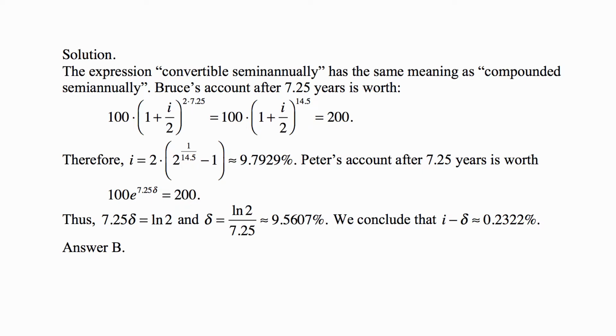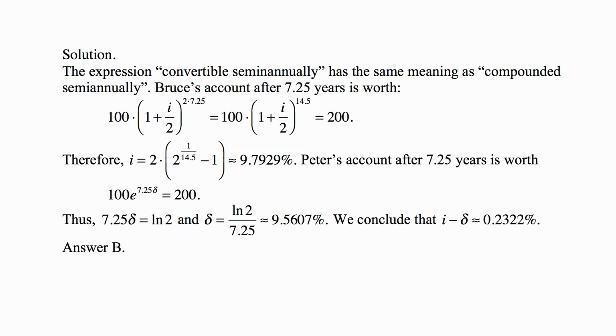Okay, then take both sides to the power 1 over 14.5. So the right-hand side would become 2 to the power 1 over 14.5, and the left-hand side would become 1 plus i over 2. So 1 plus i over 2 is equal to 2 to the power 1 over 14.5.